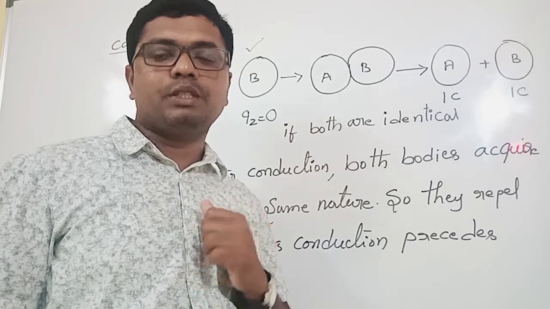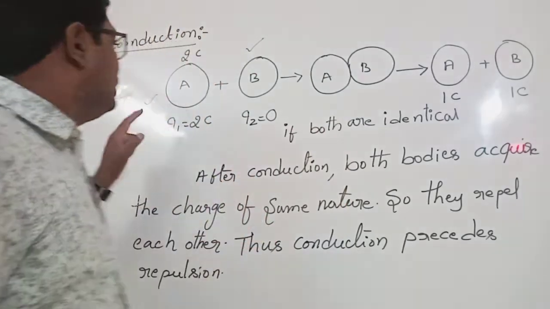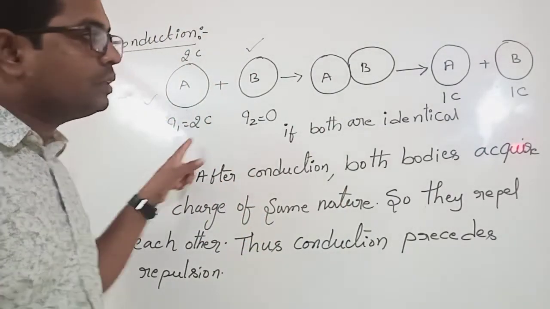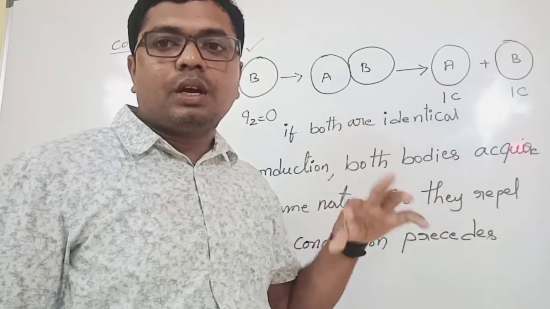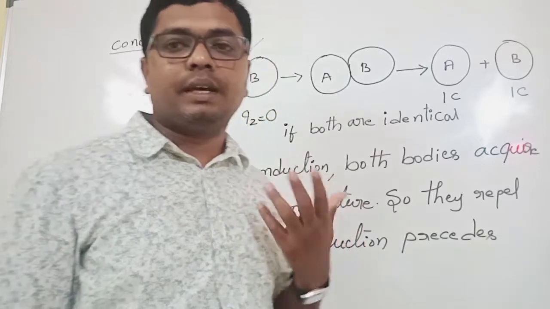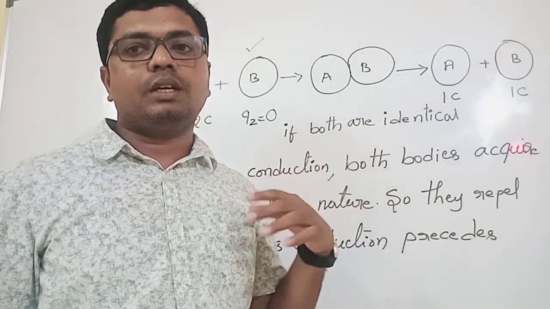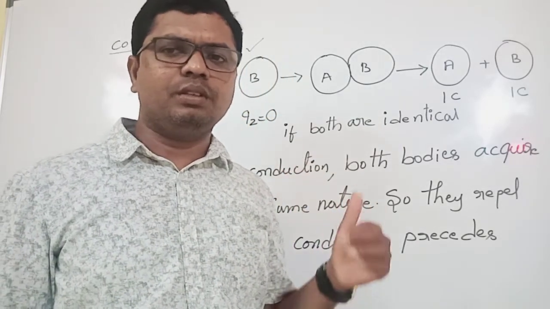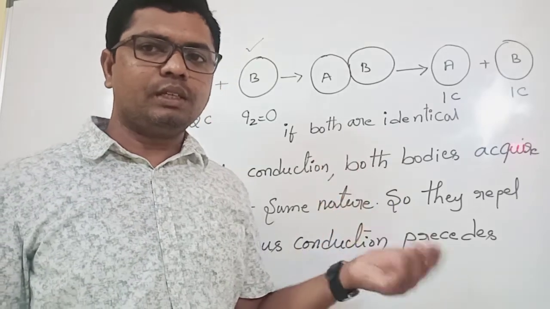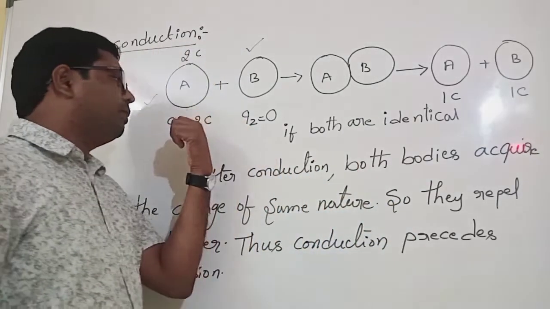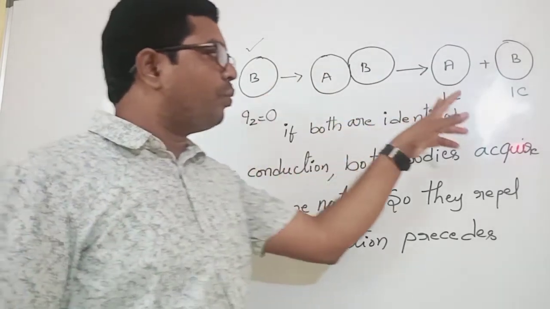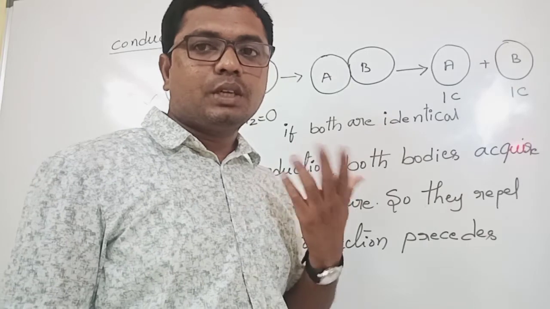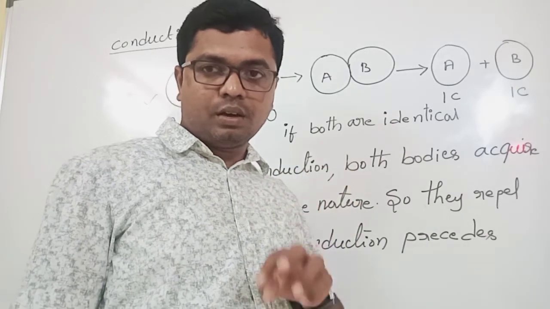Here one other principle is included. Here 2 coulombs of charge, 1C plus 1C, means charges follow additivity. Before, I said that charges follow conservation. Here also charges are conservative as well as additive, because before the charge is 2 coulombs, and after also 1 plus 1 is equal to 2 coulombs. Charge can neither be created nor destroyed.